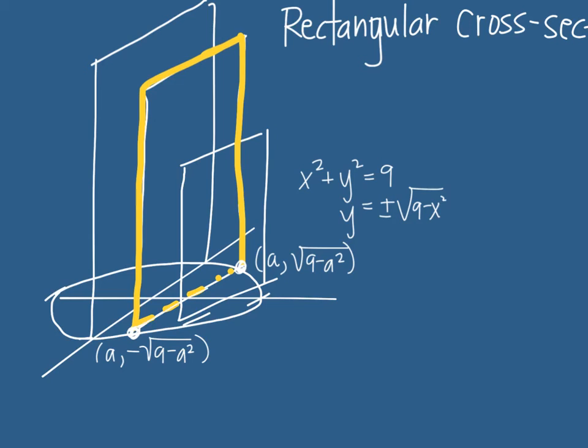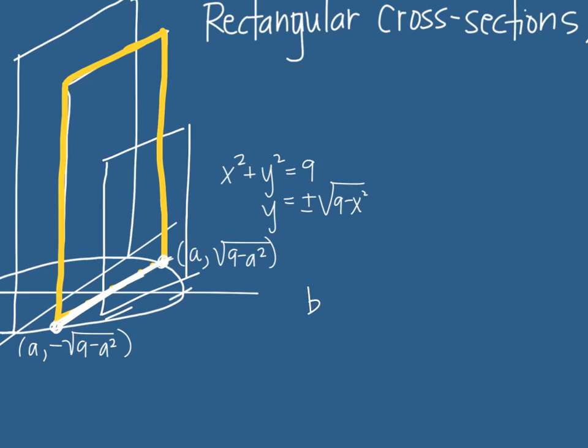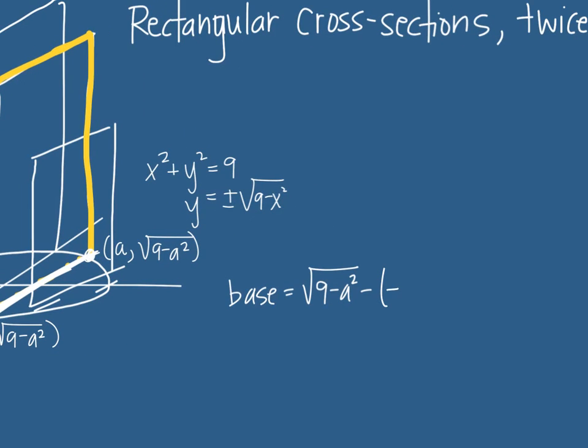And so the base length of this rectangle connecting those two is going to be one y coordinate minus the other y coordinate. That's how you measure length: take the larger one minus the smaller one. So the base of this rectangle is the larger y coordinate, which is square root of 9 minus a squared, minus the smaller y coordinate, which is negative square root of 9 minus a squared.